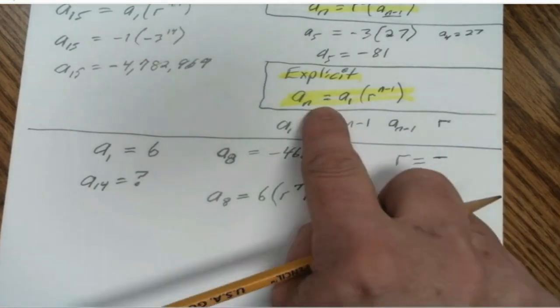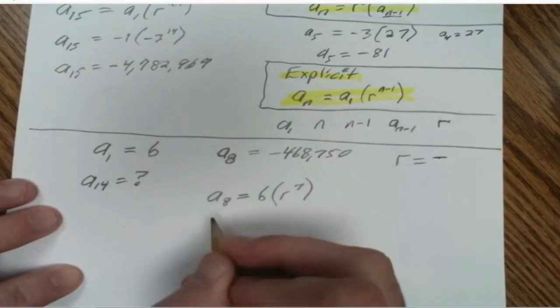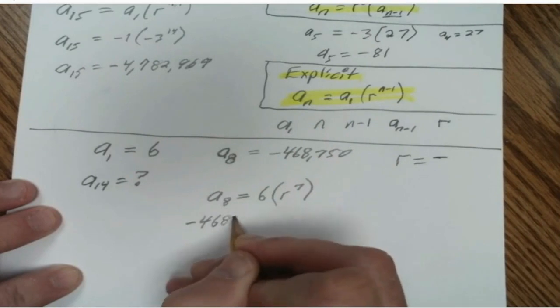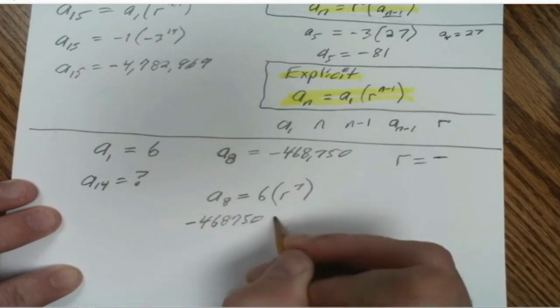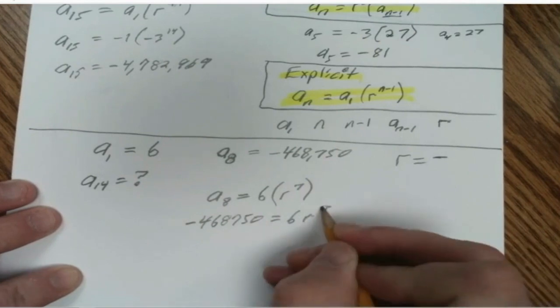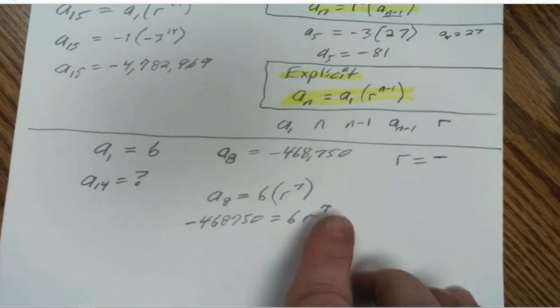Just using our explicit formula and substituting what we know, A sub 8 is negative 468,750 equals 6 times R to the 7th. Let's take those parentheses out because it's 6R to the 7th, like 6x to the 7th.